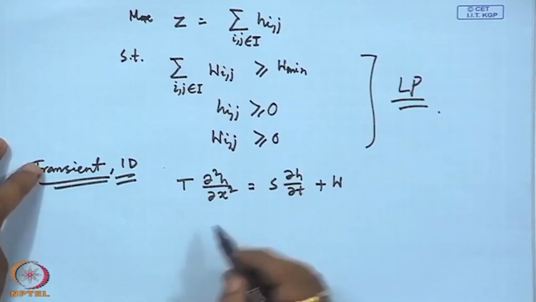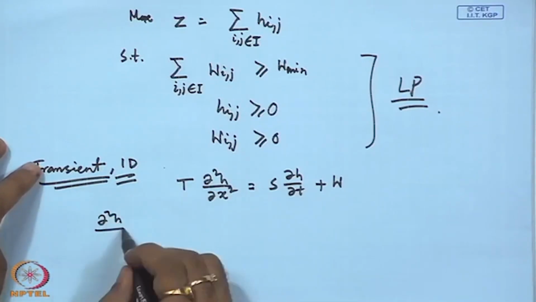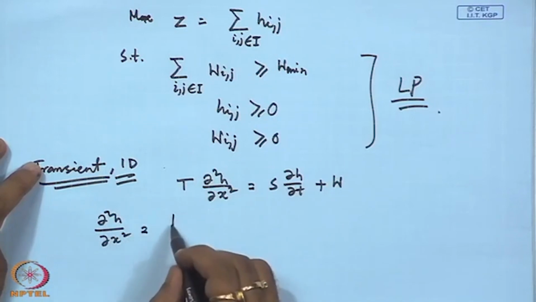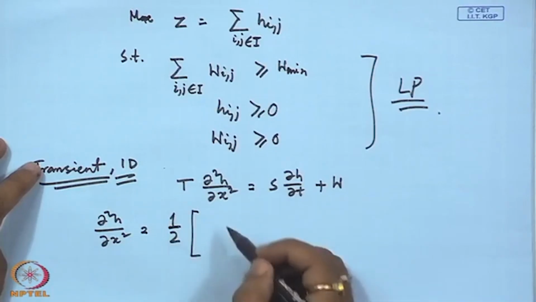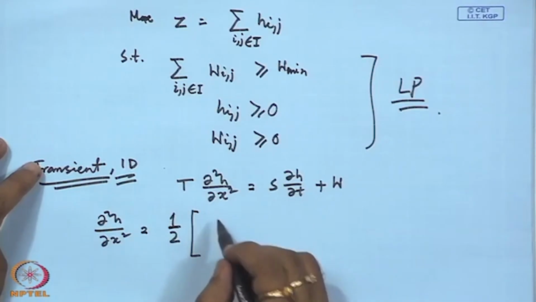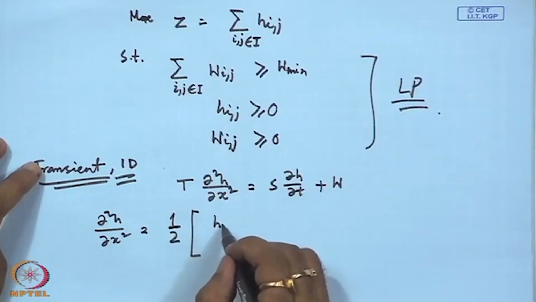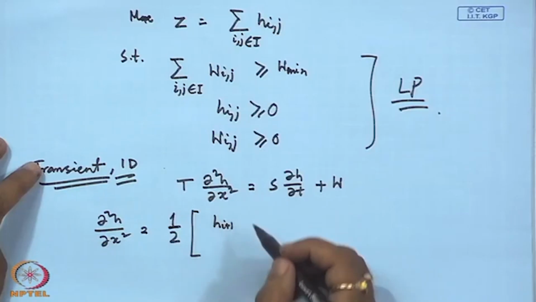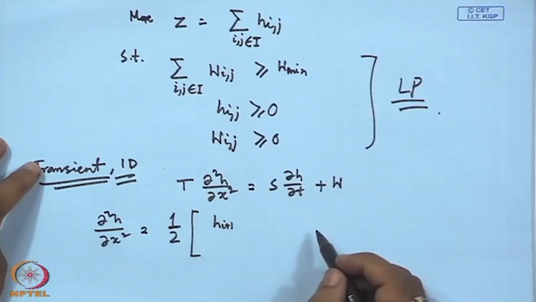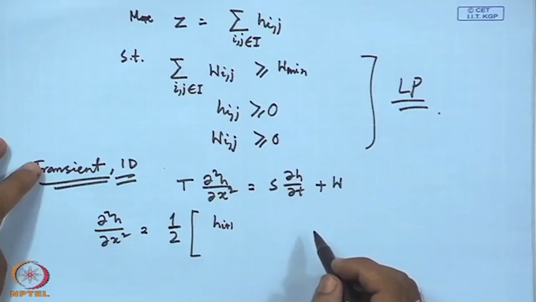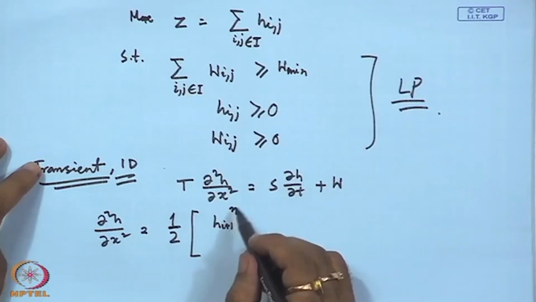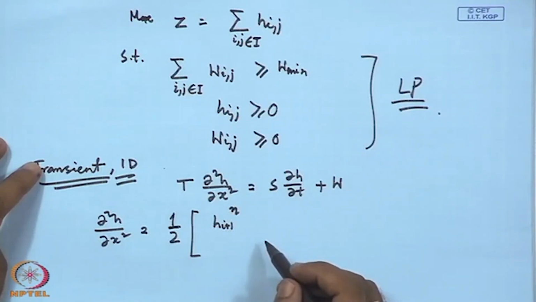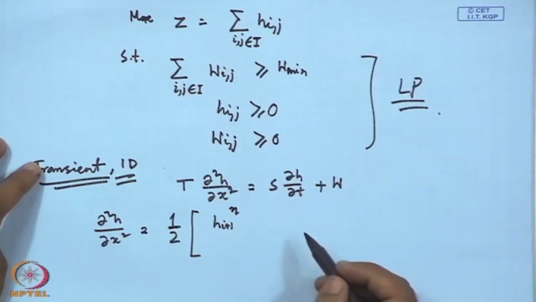So, the equation del 2 h by del x 2 can be expressed using the Crank-Nicolson scheme. In Crank-Nicolson, half of the derivatives are evaluated at the present time step and half of the derivatives are evaluated at the future time step. Let n denote the time level and i plus 1 denote our space level.